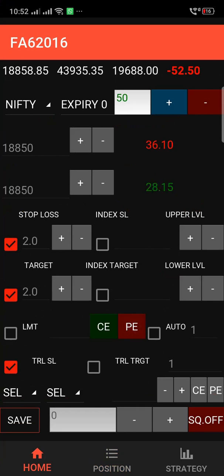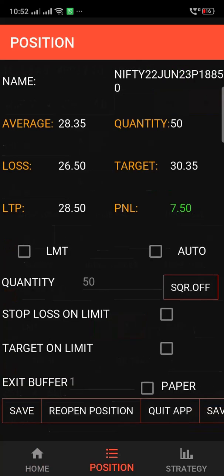Let's place one more order. You can see the SL is moving when the LTP is going higher.